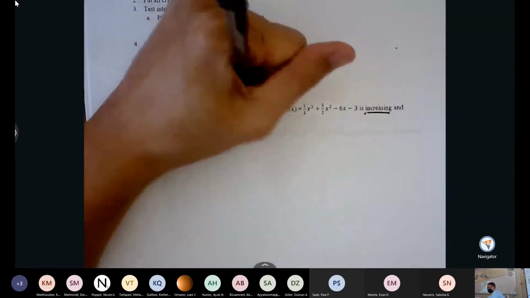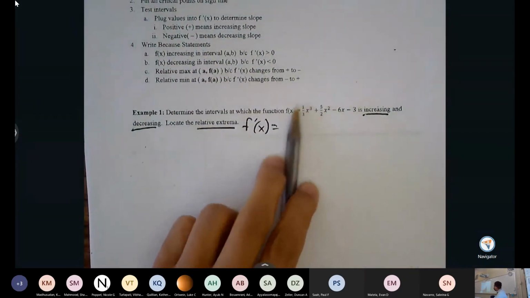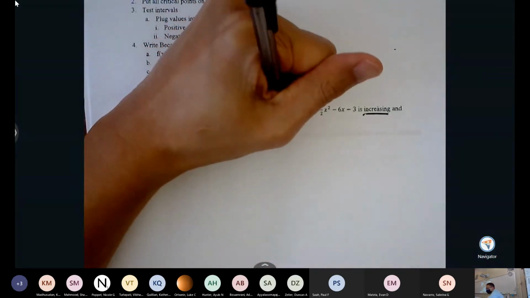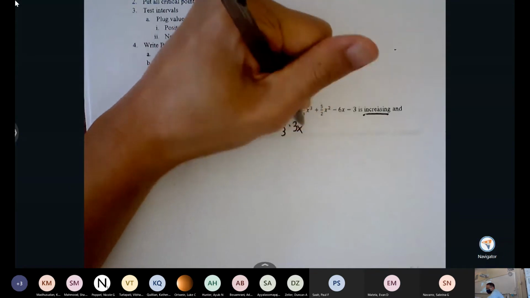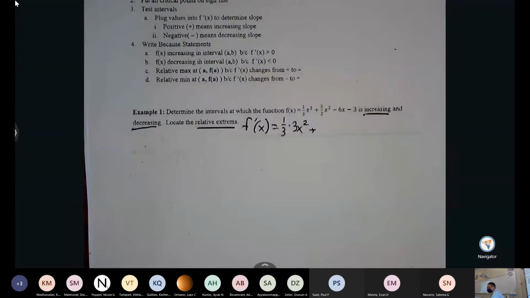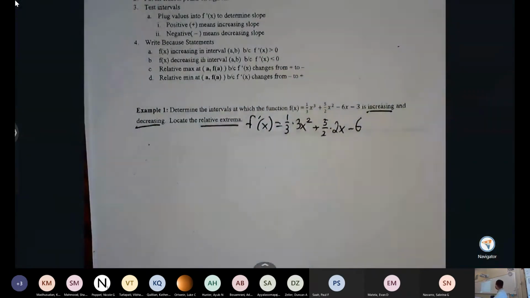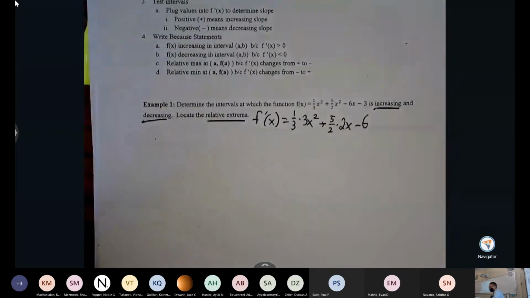So we know the first thing we do is we're always going to find f prime. So let's go through power rule, right? What's the derivative of the first term here? Good, yeah. The 3's will cancel out, right? Plus, minus 6. Yeah, and then the constant goes away, right? So there's our derivative. And now we're looking for critical points.